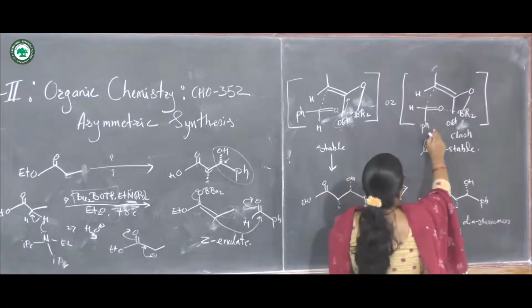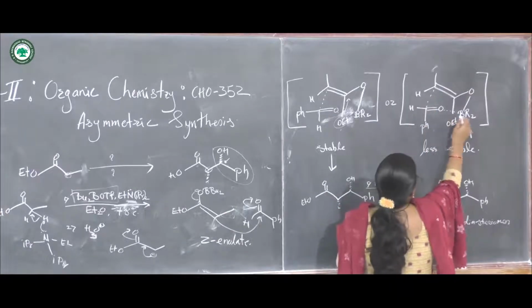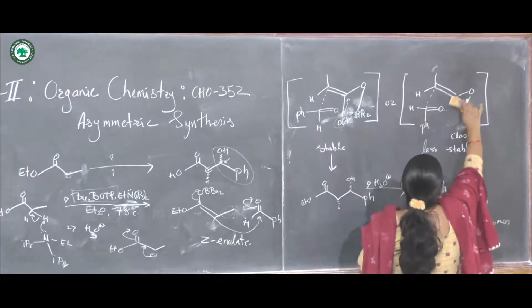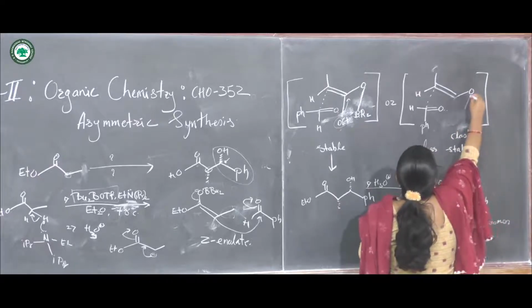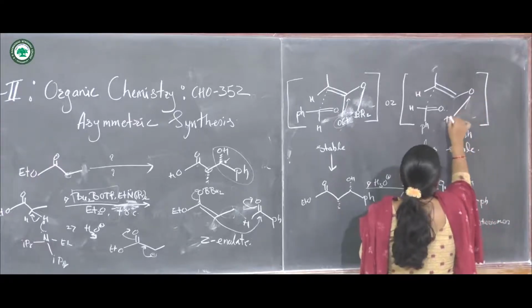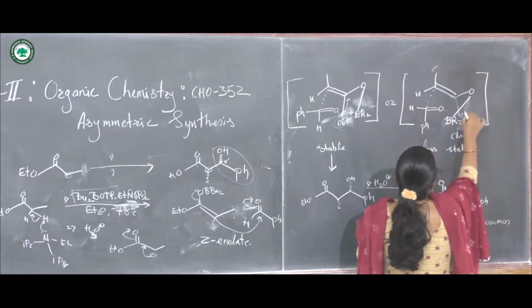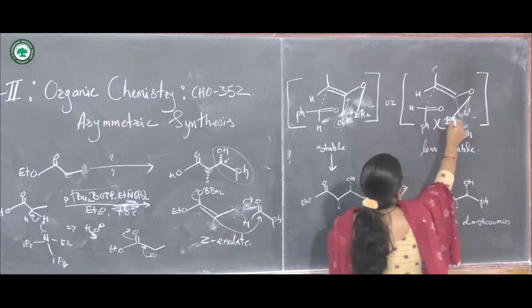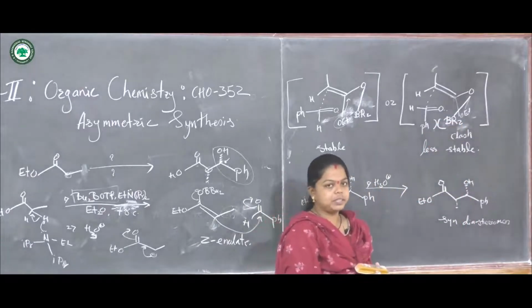In the second transition state we have considered the phenyl group here. So this boron, we can write here. As this is a chair-like transition state, we can consider this is the backside group, and this phenyl and this Br2 group are in close proximity with each other.